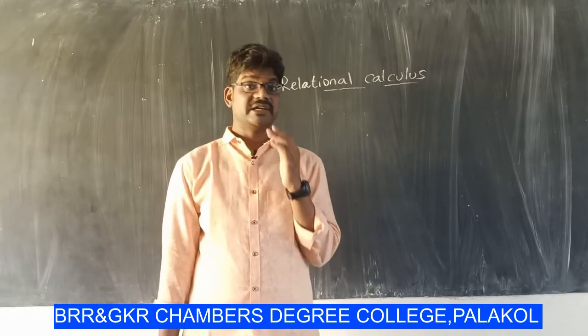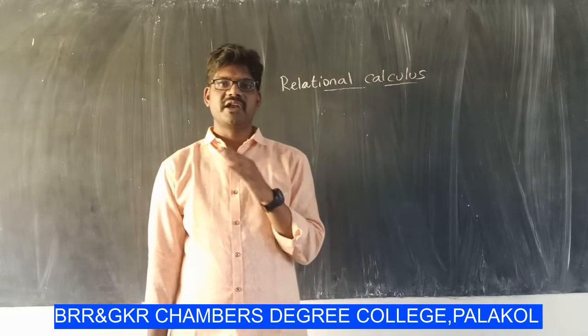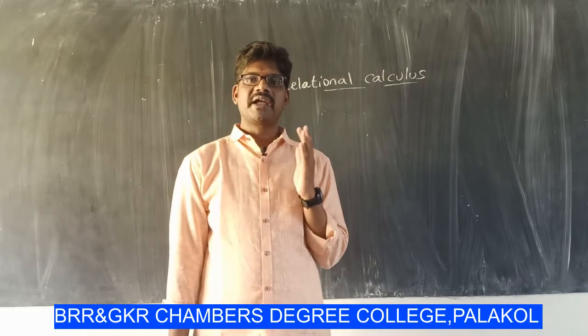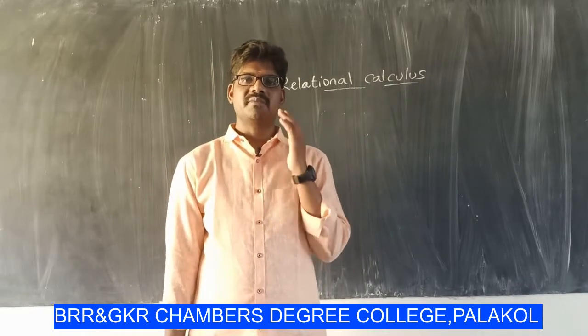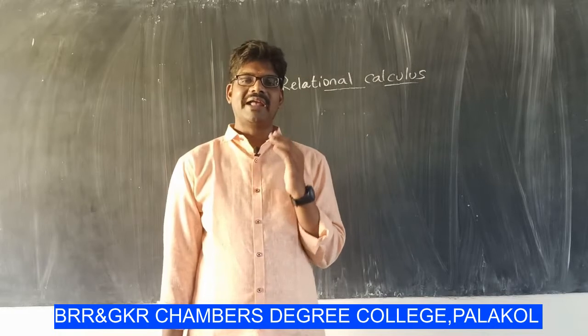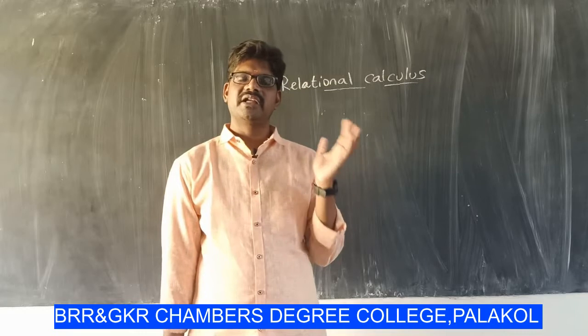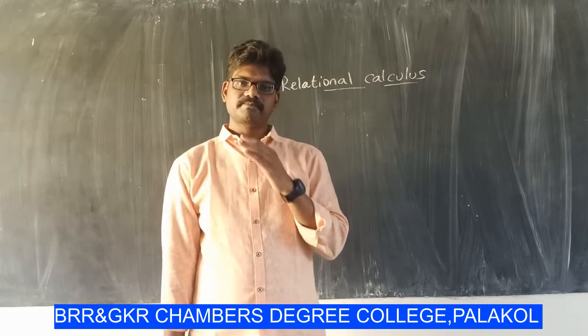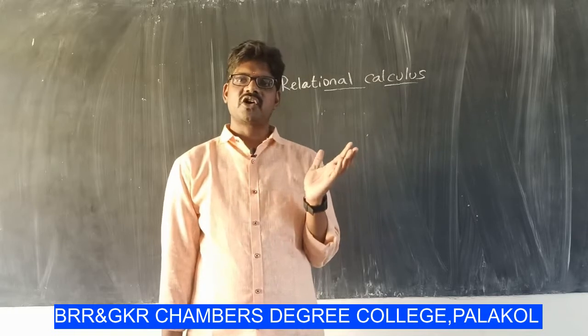Okay, so a query in relational calculus consists of variables and predicates. It is very important. Predicates are formulas applied on variables which evaluate to either true or false. If the predicate is true, then the query is executed. If the predicate is false, the query is not executed.